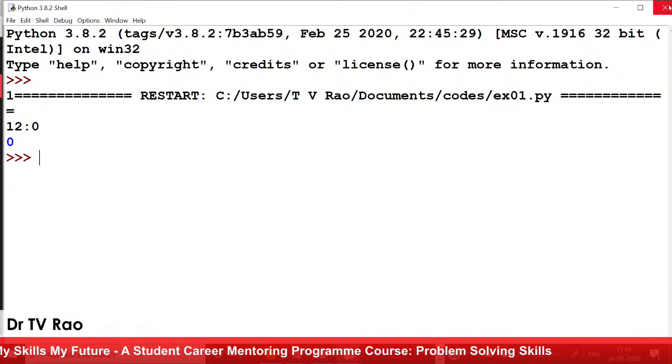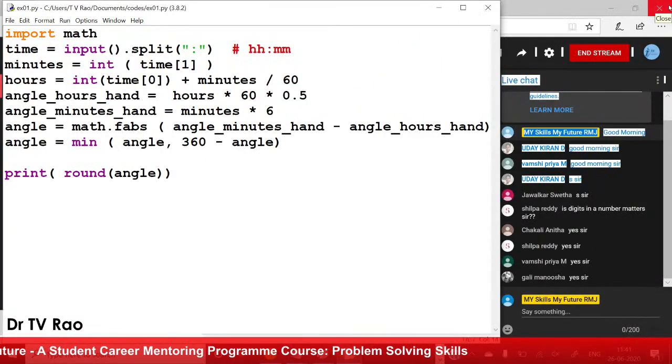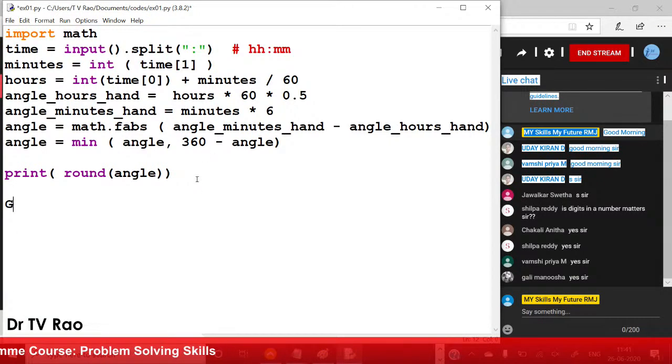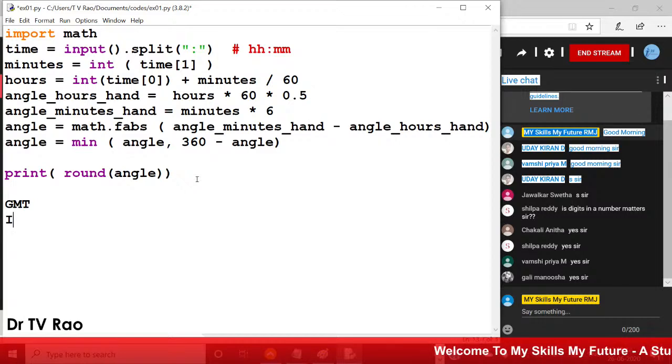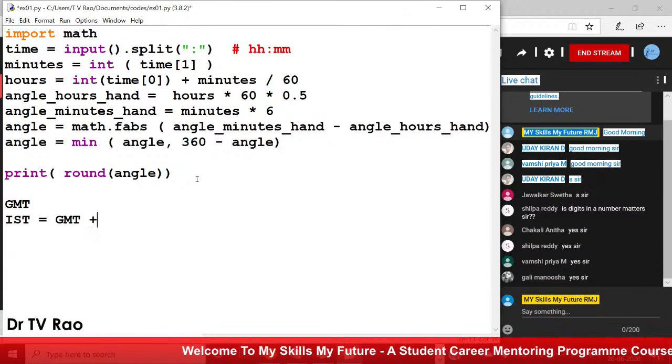Now, if Greenwich Mean Time is given, to get Kolkata, Chennai, Madras, Delhi time, what should be done? What should be done? Say our time is equal to GMT plus 5 hours and 30 minutes. Is this clear?